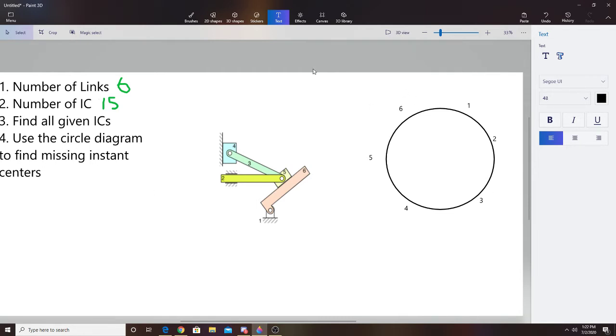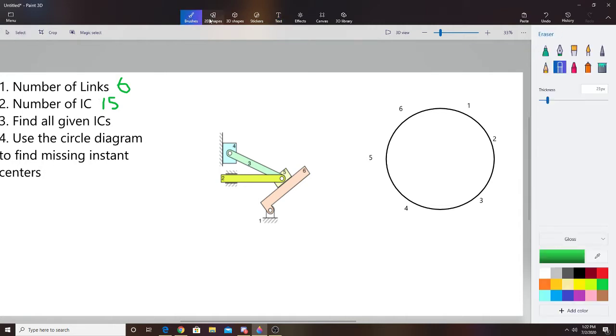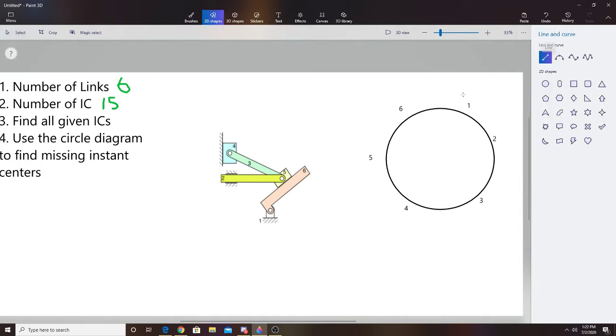So now we have to find all the given instant centers. So let's start out with I12. Does anybody have any ideas where we might find I12? So link 2 is this yellow bar right here.